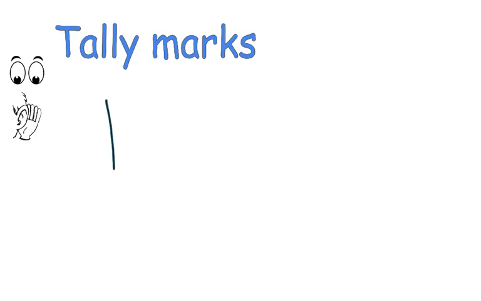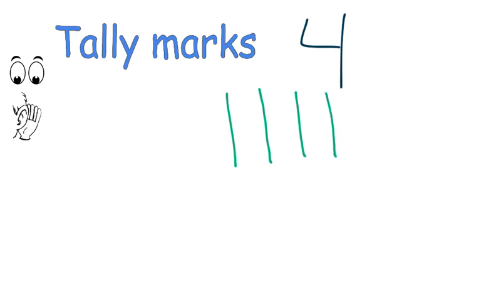So say you were counting how many birds flew by your window. So let's say, I'm just going to pick a number. 4 birds flew by your window. So what you would do is you would draw 4 lines like this. Okay?